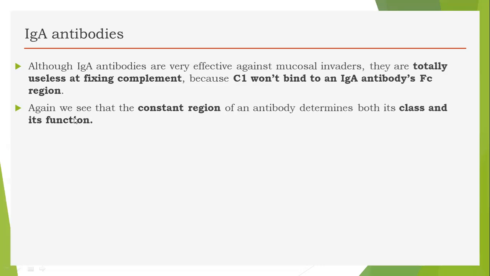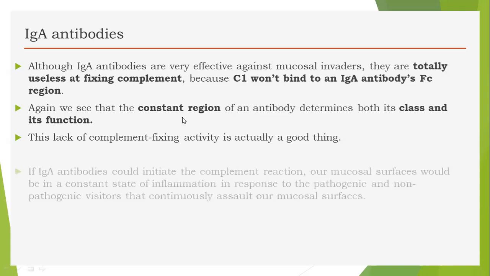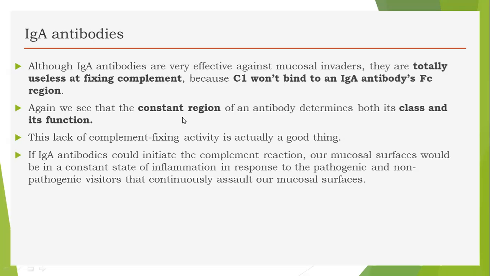And the lack of the complement fixing activity or complement binding activity of the immunoglobulin is actually a protective mechanism, or let me just say it's a good thing. Okay, and why is it a good thing?